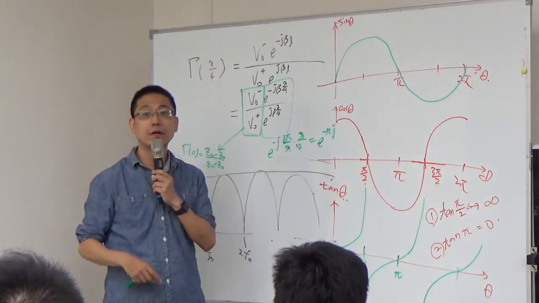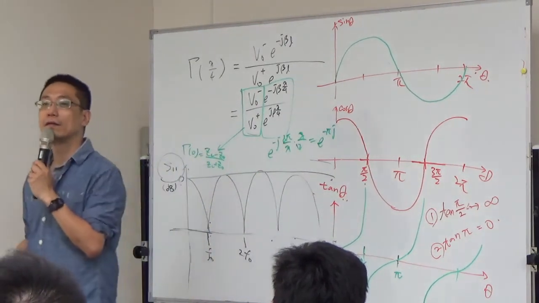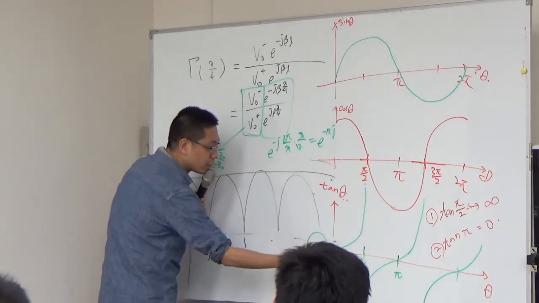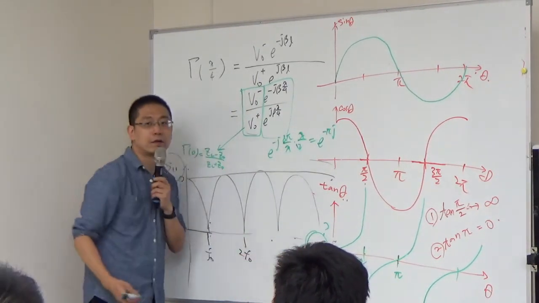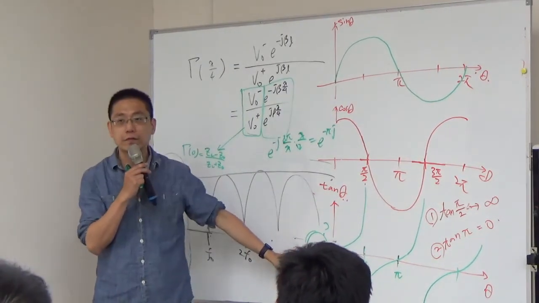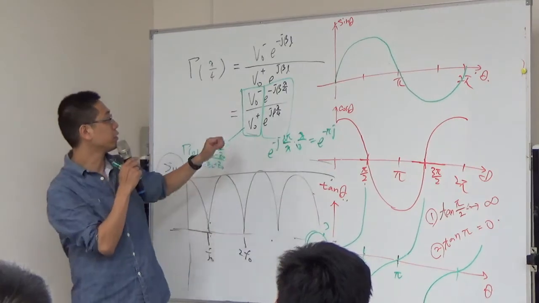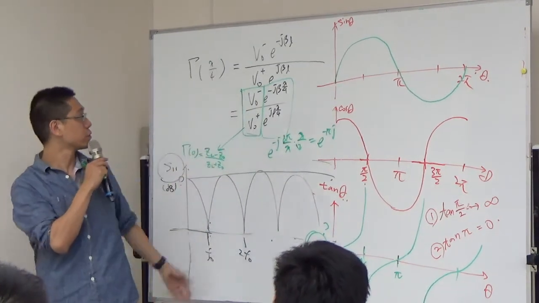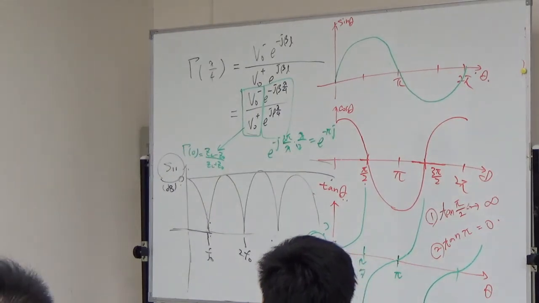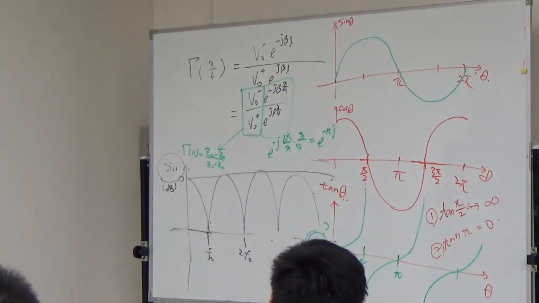Minus 1, right? Where is this f? In this equation, there's no f. So the result is the same. So for this case, what should we do to change?